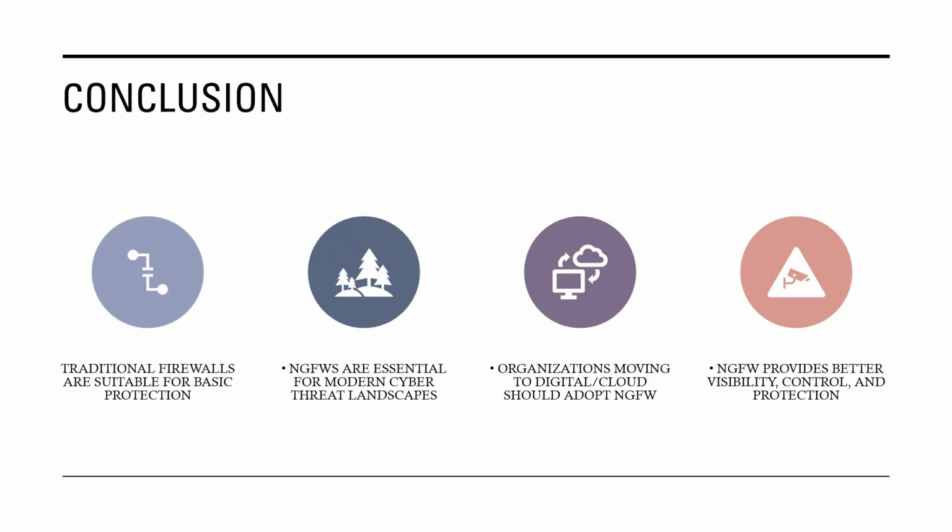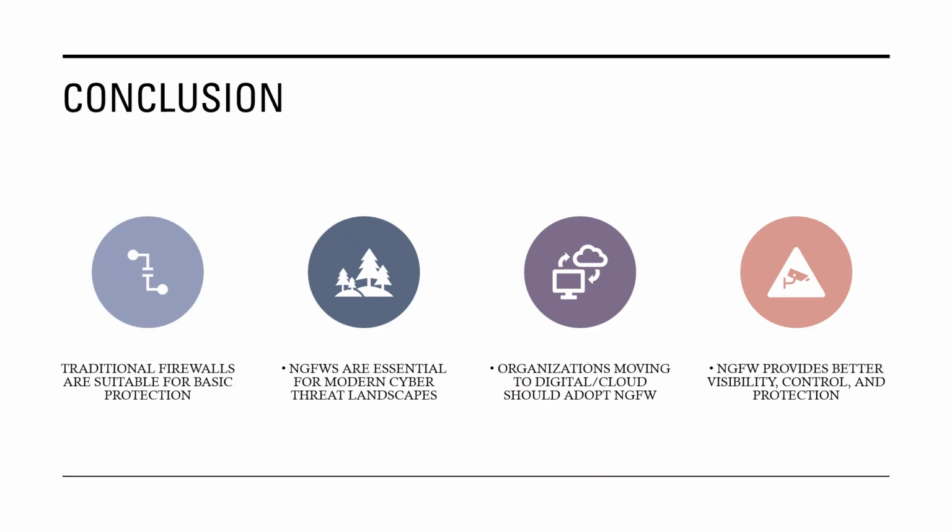In conclusion, a traditional firewall is suitable for just basic protection, for example your personal lab and your home office. I'm talking about where risk is minimal, where risk is not a major criterion. But when you are looking at safety and security, it's always advisable to move to a next generation firewall, because it gives you better security in your environment.